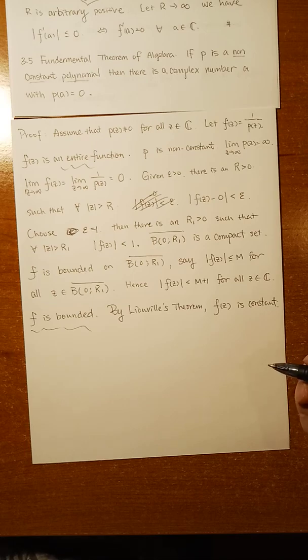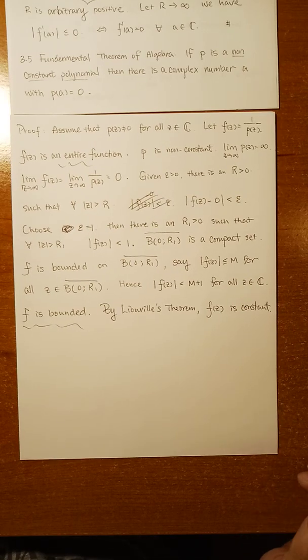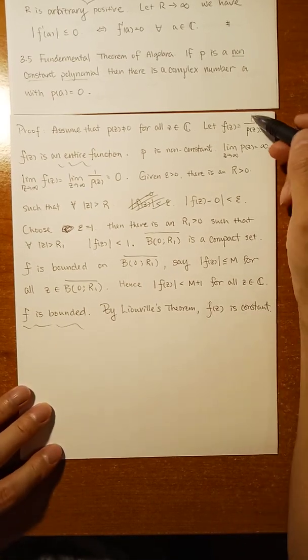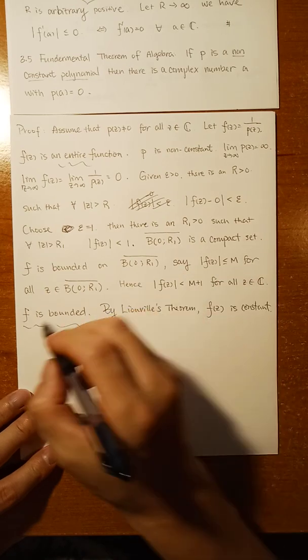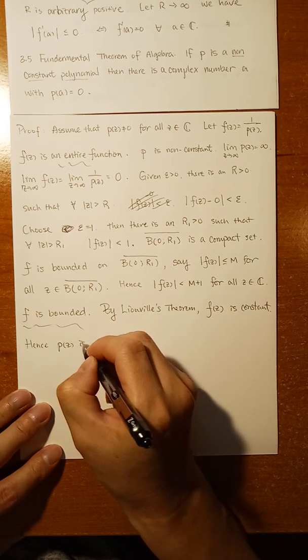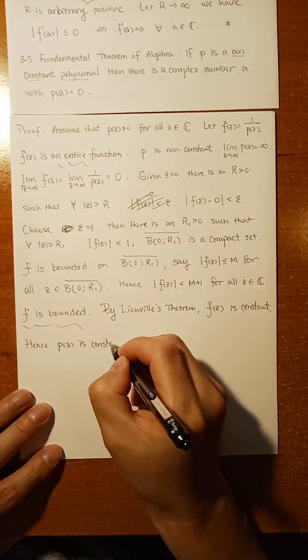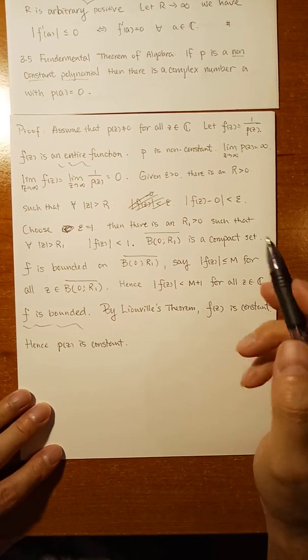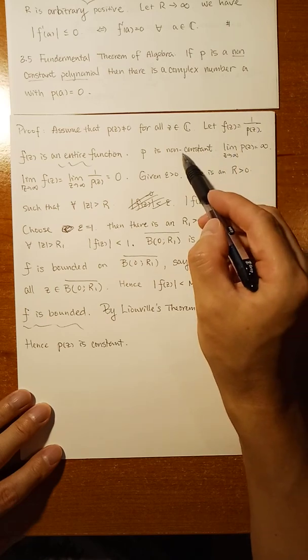A bounded entire function must be a constant function. So f of z is constant, and f is just the reciprocal of p. Hence p of z is constant. Constant, contradiction, right? We know it's non-constant.